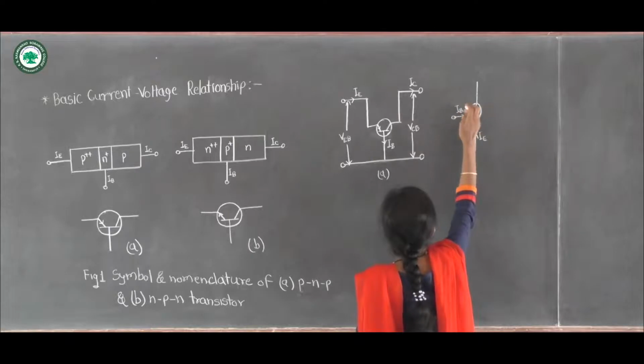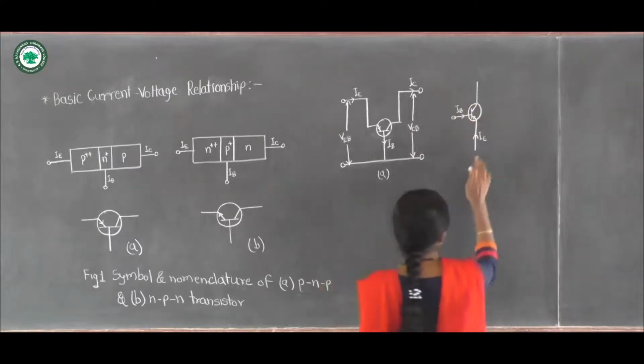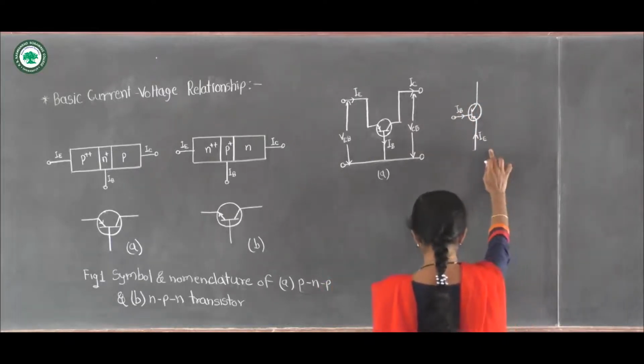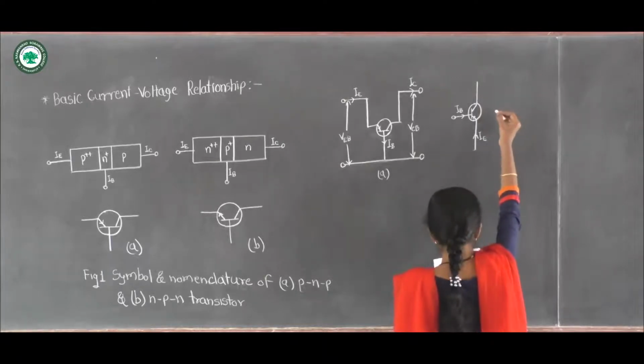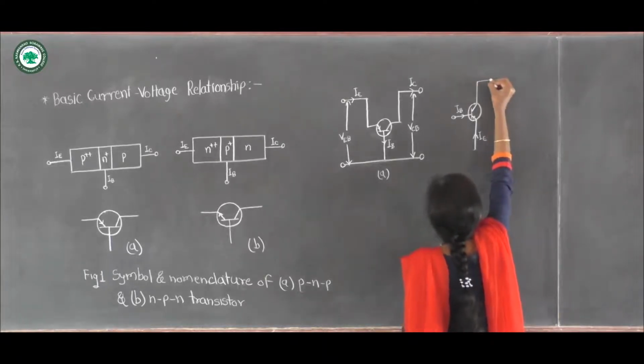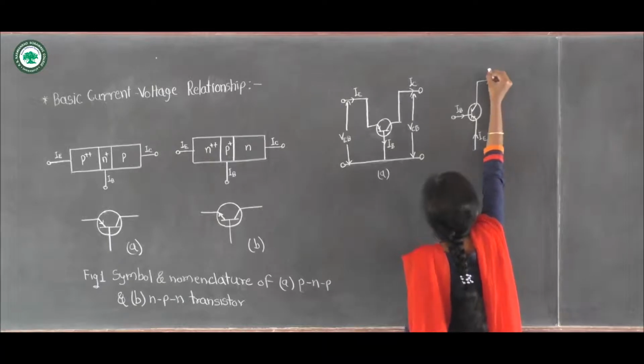So here current flowing through base terminal is IB and current flowing through emitter terminal is IE, and current flowing through collector terminal is denoted by IC.